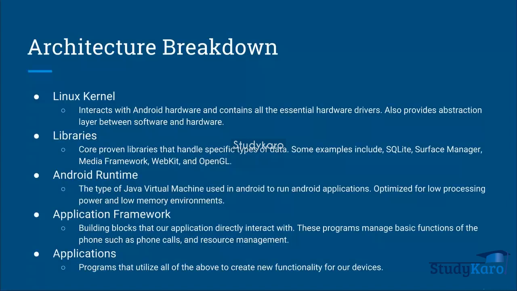So say we want to make an application that deals with managing phone calls. Well, we grab the package for phone management that Android includes. Or maybe we want to interact with the location of an Android device. We grab the location package. Great. So that's what our application framework is. It's essentially these little bundled packages that deal with specific portions of our device.